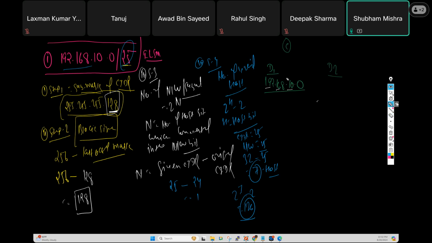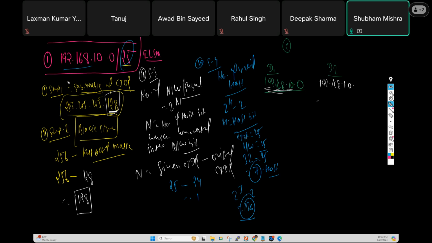Clear, everyone? Now how can we calculate the network ID 2? The second network ID, which I will assign to department number 2. See here, this is a very easy thing. I told you these 3 are fixed, right? So 192, 168 and 10 are fixed. First of all, check what the block size is.